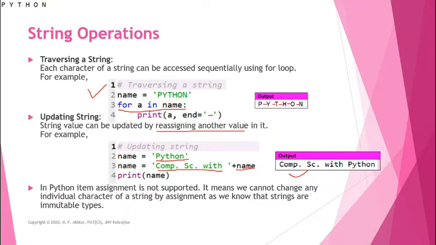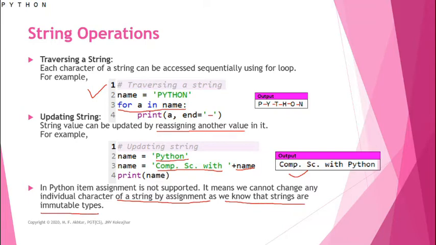In Python we should know that item assignment is not supported. It means if we want to change any single letter or two letters within the string, it is not possible. We have to change the whole word, then only it is possible. It means that we cannot change any individual character of a string by assigning, as strings are immutable types.